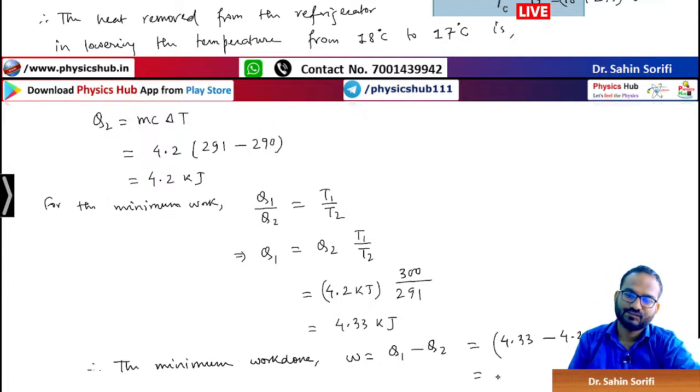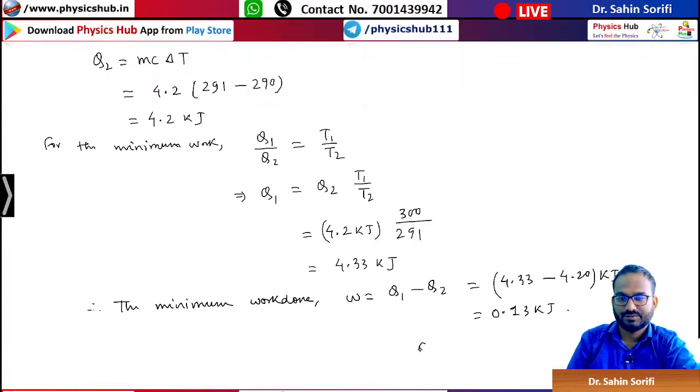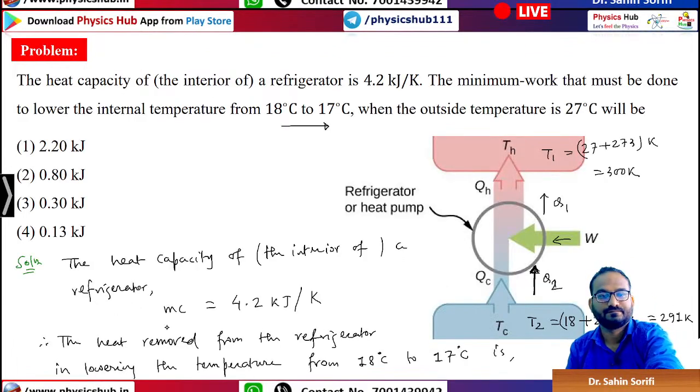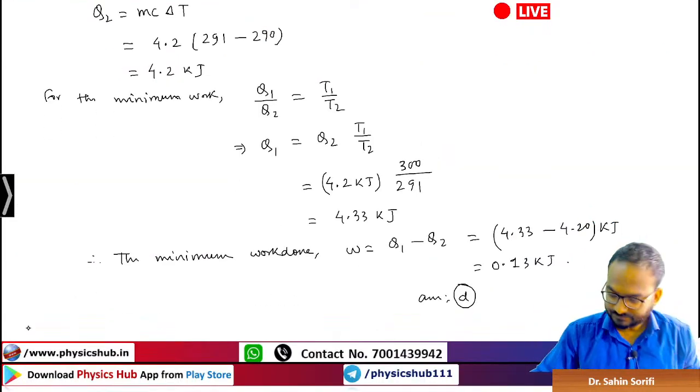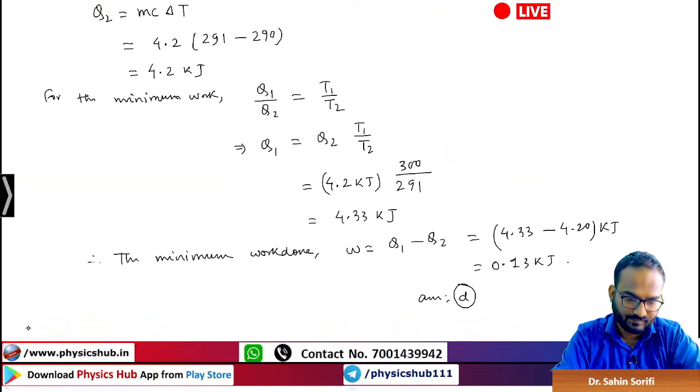So this is 0.1 kilojoule. That is matching with option D. Is it clear, guys? Tell me.